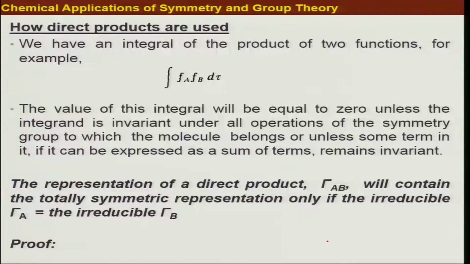If we have an integral of the product of two functions, for example fa and fb, integrated over all the coordinates denoted by tau, this integral will yield 0 unless the integrand is invariant under all the symmetry operations of the point group to which the molecule belongs.